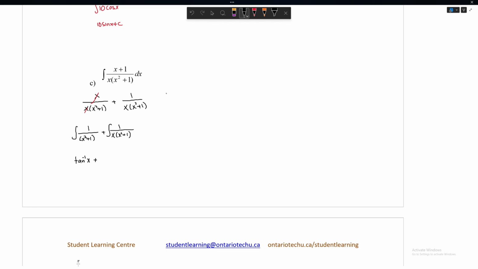And so if I do this in partial fractions, what this will equal is a over my x plus my bx plus c over my x squared plus 1. Right? And so cross multiply, you'll get a(x squared plus 1) plus (bx plus c), cross multiply, you'll get x.